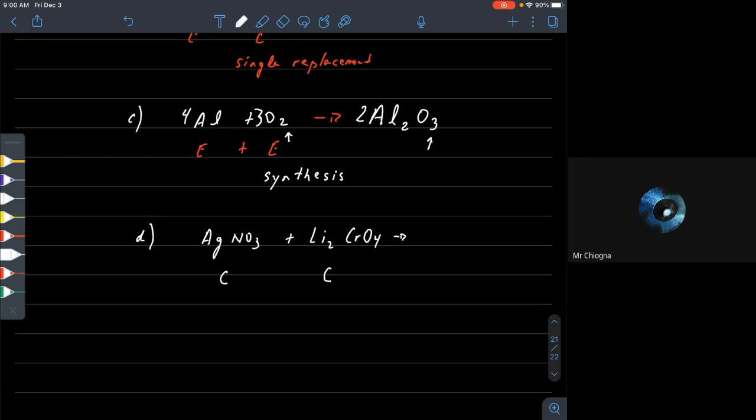Should remind you of something. What's it a pattern of? What might it be? Good, double replacement. The way you could tell for sure is that this is a metal and that's a metal. They can replace each other. So they'll trade places. Double replacement.